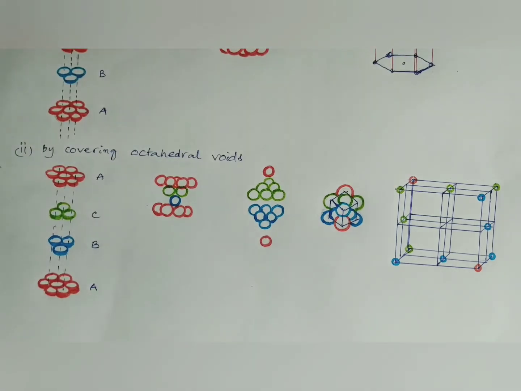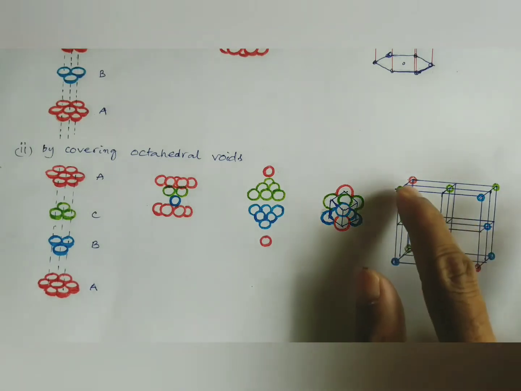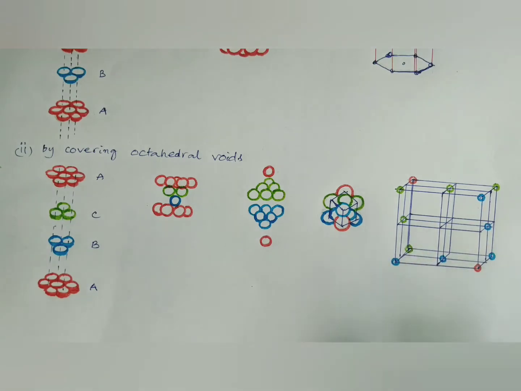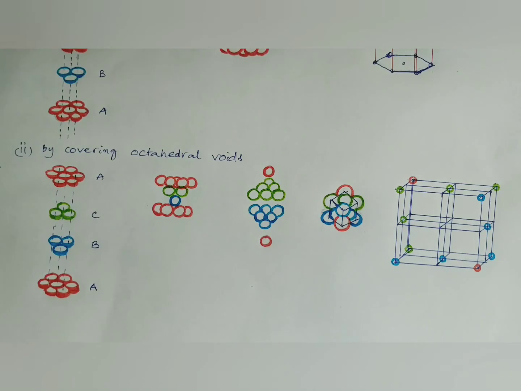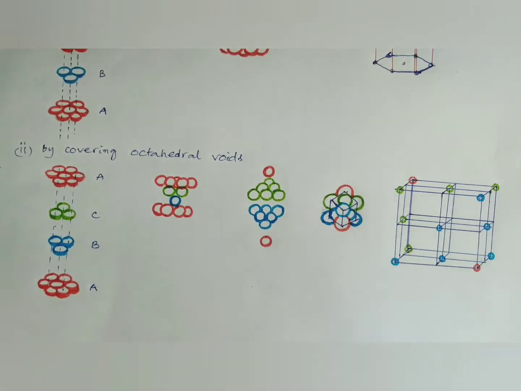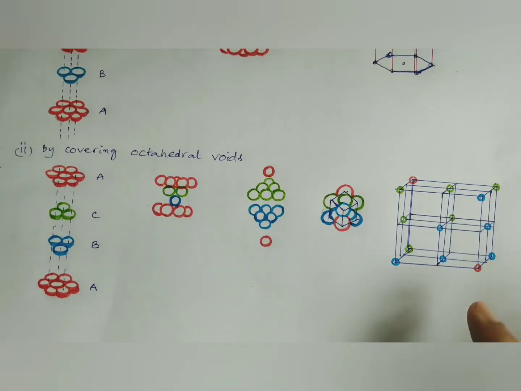So this is how the face-centered looks like. So face-centered contains 8 atoms in the corners and 6 atoms on the faces like this. 1, 2, 3, 4. 2 more atoms are there on the front face and back face like this. So this is called face-centered cubic.